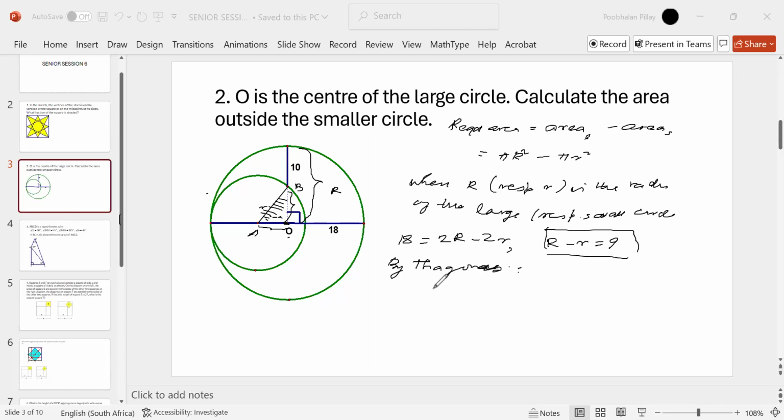Okay, so you have that. What is AO? AO is actually equal to, there it is, from there to there. Sorry, the center of the large circle is O.